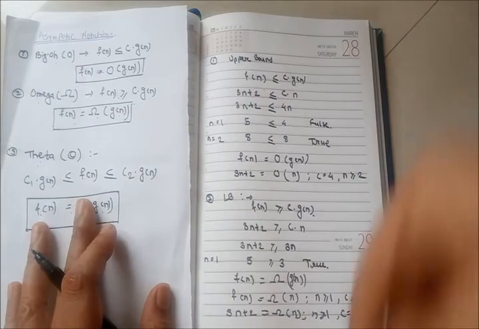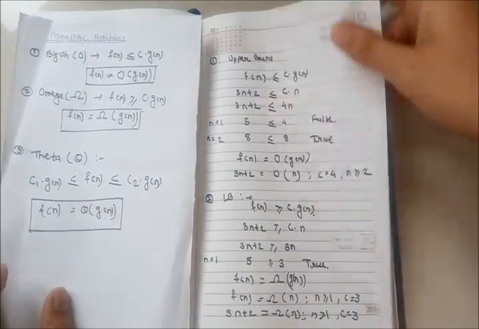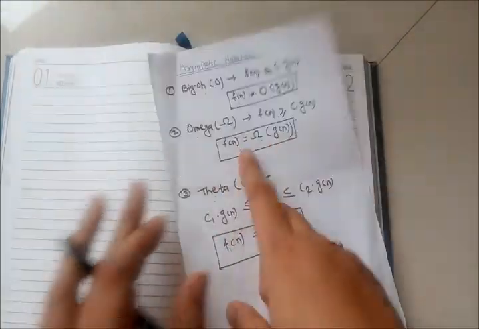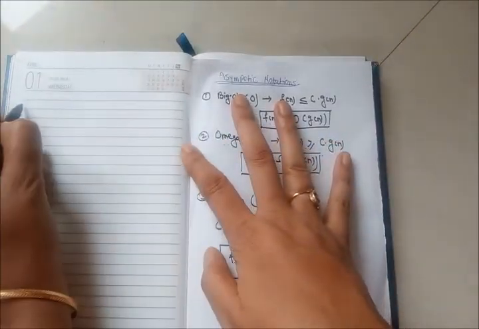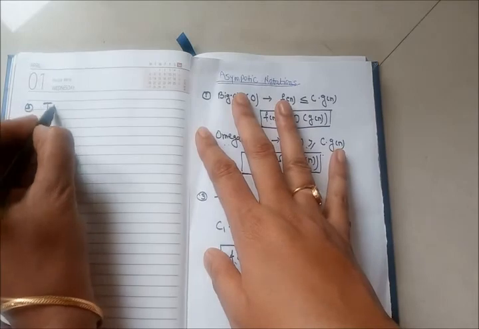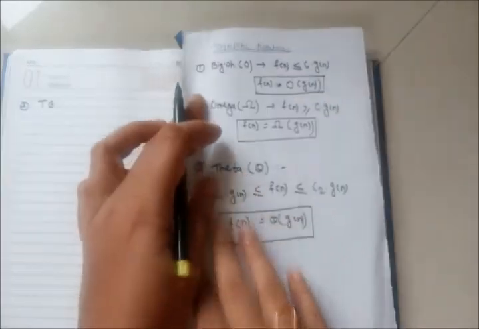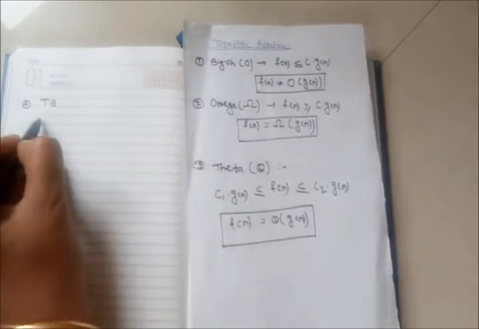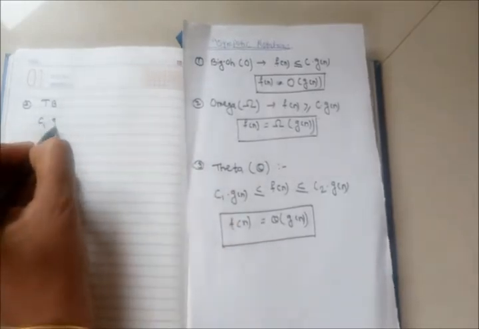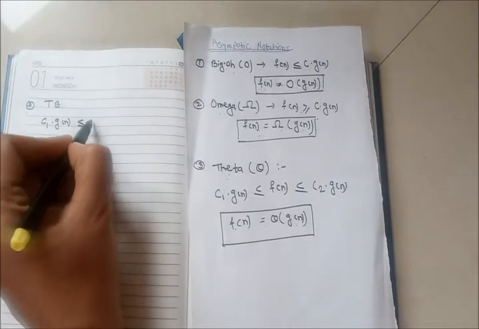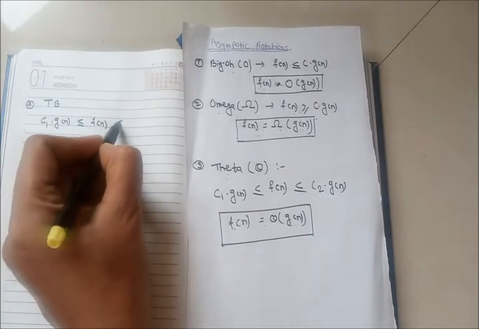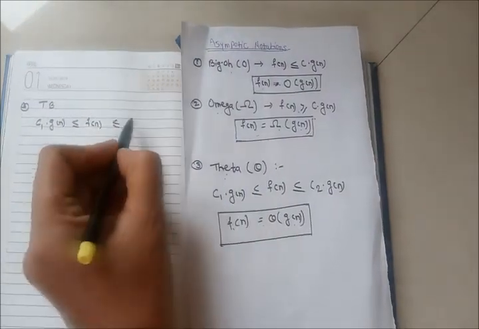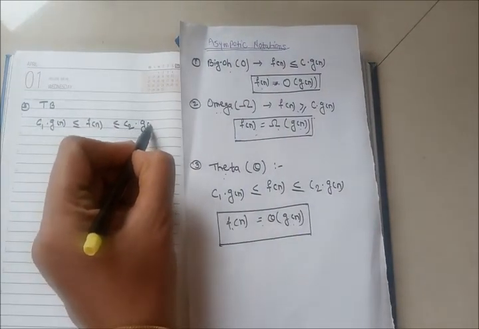So now the next bound is the tight bound. For the tight bound, you have to solve the solution. Third, tight bound. What is the equation for the tight bound? C1 into g of n is less than or equal to f of n is less than or equal to C2 into g of n.